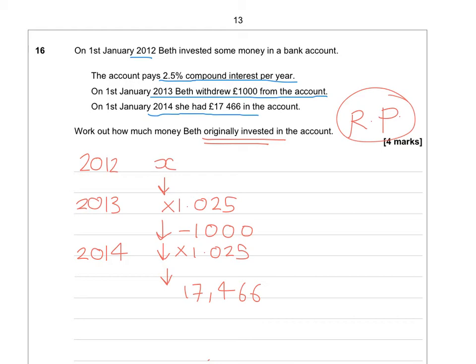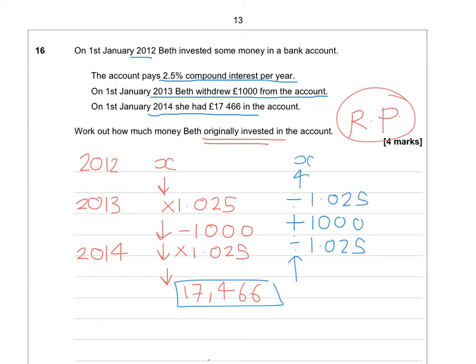We now need to reverse all of these steps. So starting with 17,466, we need to divide this number by 1.025, then add 1,000 to that number and divide by 1.025 again, which should take us back to our starting value of x.